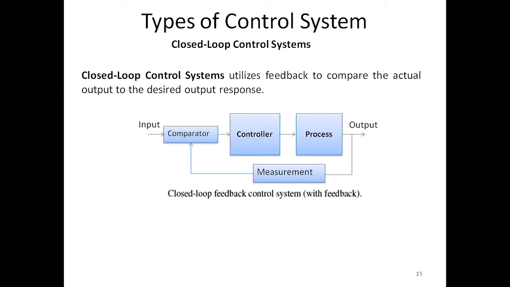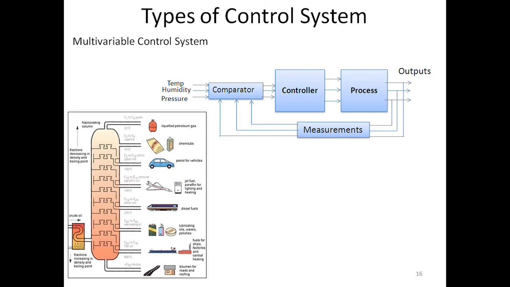It utilizes feedback to compare the actual output to the desired output response. Simple examples are a refrigerator, and nowadays smart or automatic electric iron, air conditioners.